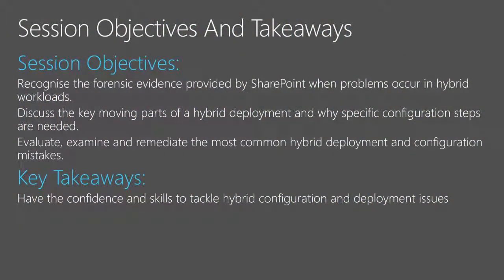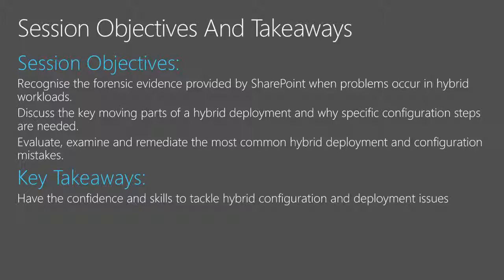Taking a look at session objectives, we are going to look at all of the forensic evidence from SharePoint when problems occur with hybrid. We'll discuss the key moving parts that you look at whenever you are trying to deploy any of these solutions. There are some common errors whenever we have spoken to anyone who says my hybrid search, BCS is not working.